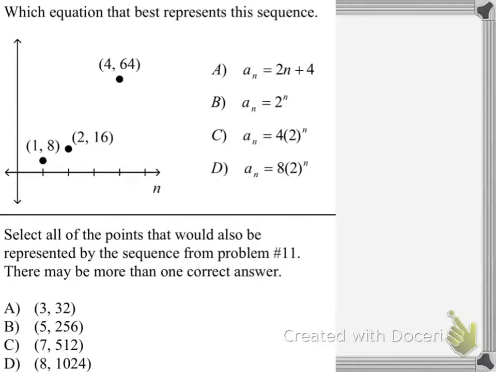But if you want to see which is the actual equation, instead of the n, we can just plug in a 1. And if it's the correct equation, then automatically it will give us an 8. So let's try letter A. On letter A, I'm going to plug in a 1, instead of the x.